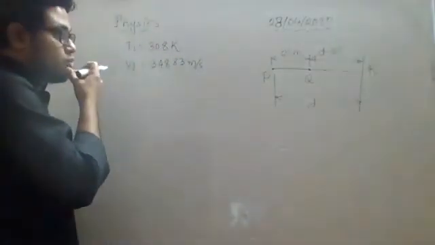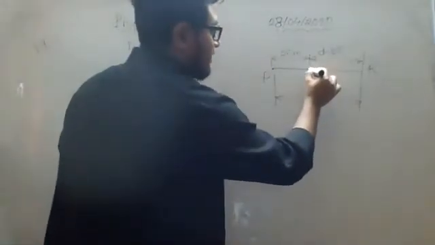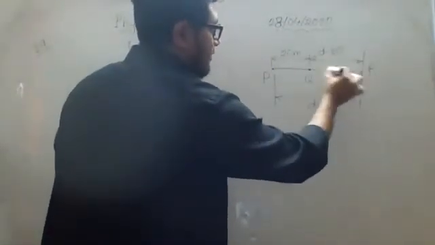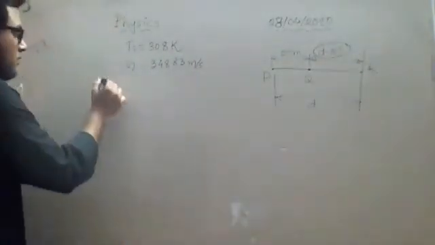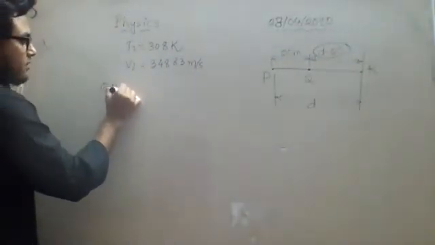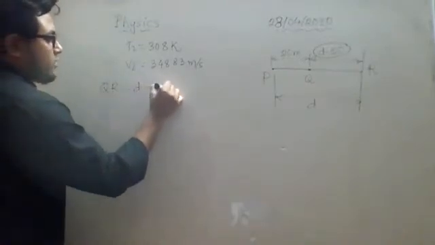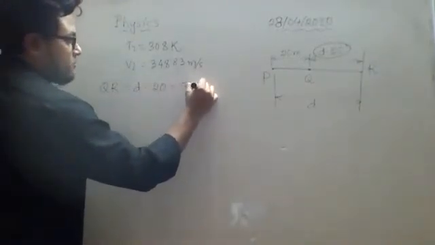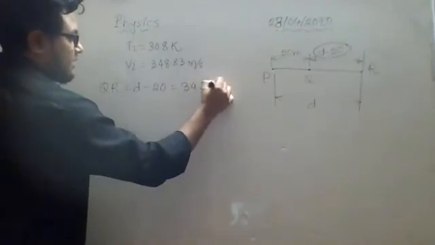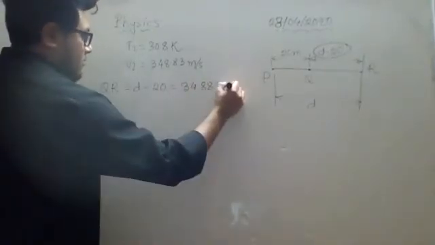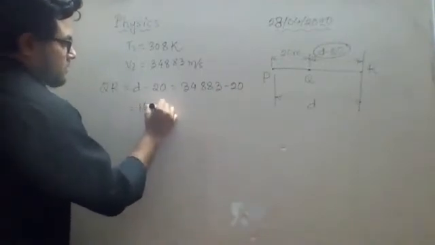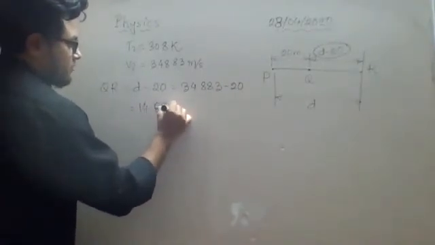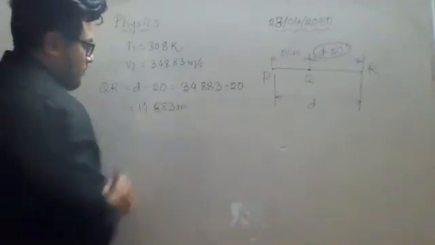So we have to find the distance between Q and R. Can I find this distance now? QR is equal to D minus 20. Now D I have found as 34.883, minus 20, so the distance is 14.883.